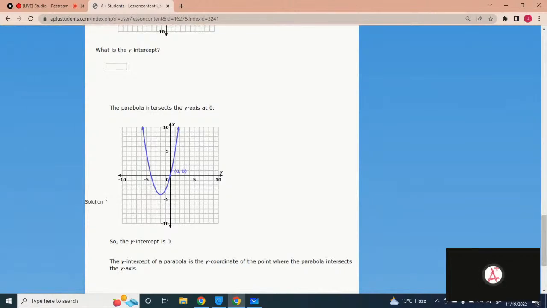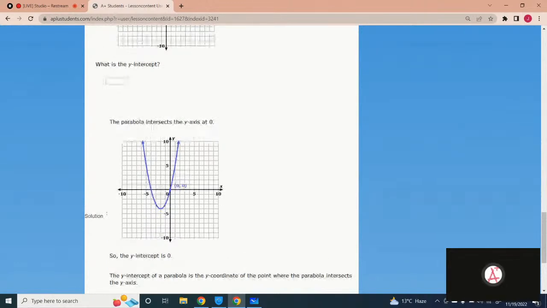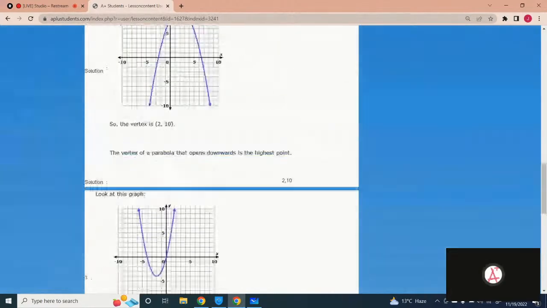You have to find the y-intercept of the parabola. For the vertex, I think you have -2 and -4 for this one.